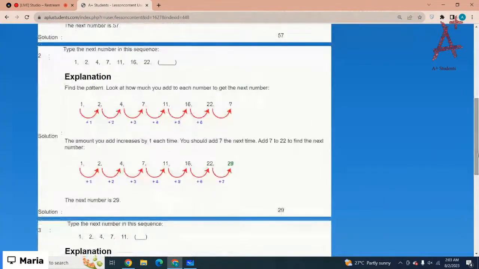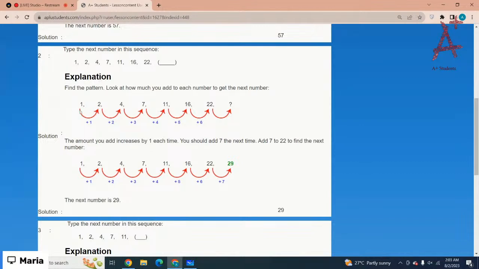Okay, here is the next example. Type the next number in the sequence 1, 2, 4, 7, 11, 16, and 22. So you have to look for the pattern. Look for the specific number that you add each time to get the next number, right?